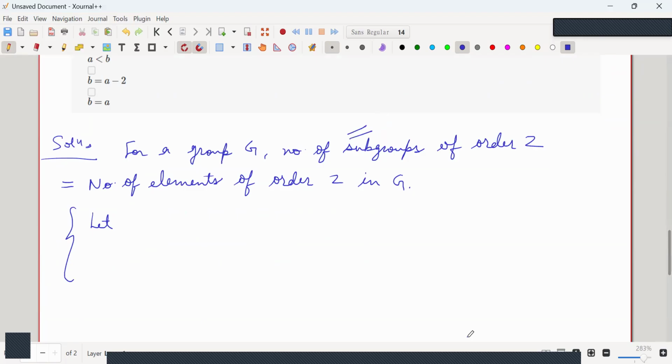Let me denote this set by some notation B. So let H be some subgroup of order 2 inside this group.